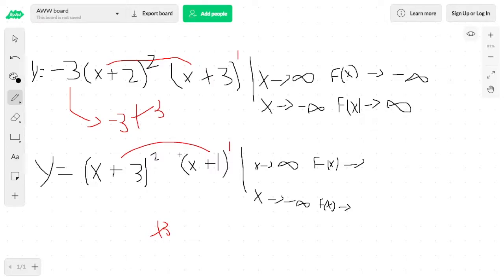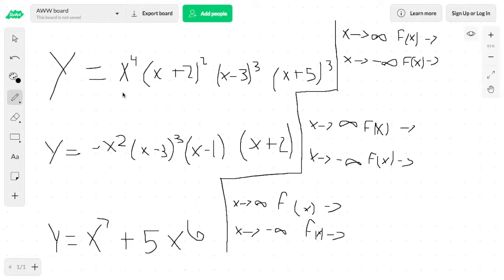Now for the second equation, the term of highest degree is x cubed. A positive coefficient with an odd exponent gives you, when x is going to positive infinity, f of x also going to positive infinity, and when x is going to negative infinity, f of x going to negative infinity as well. These are two very simple ways to do the first two equations.